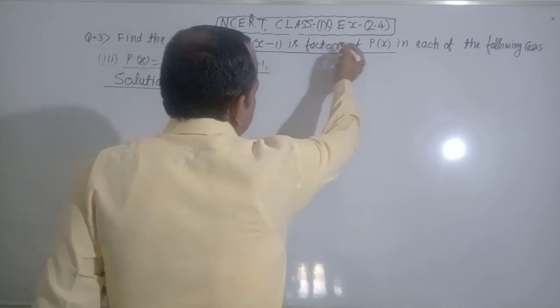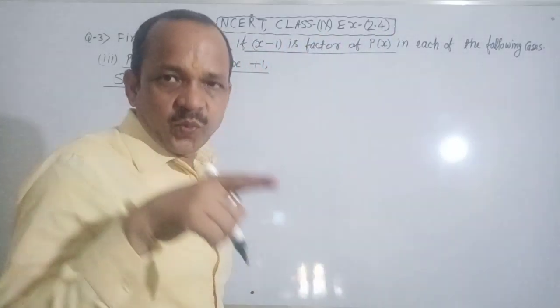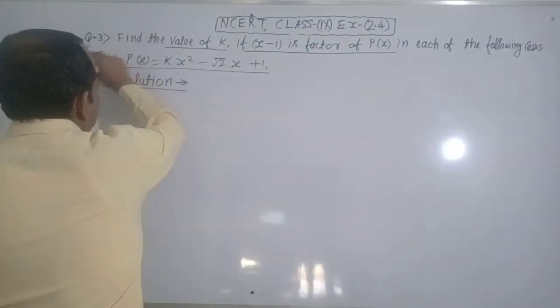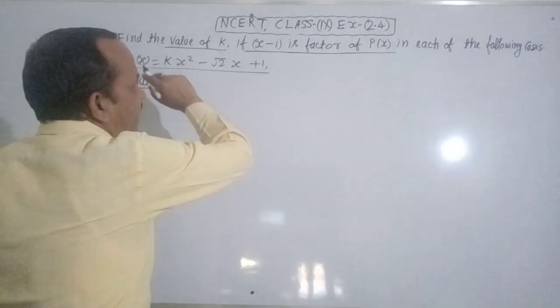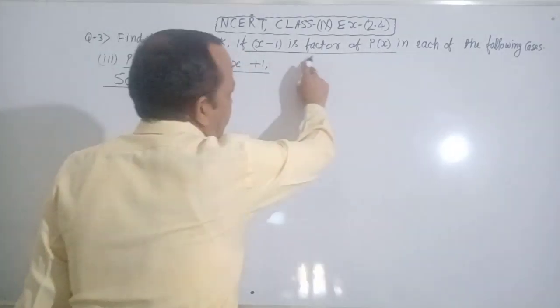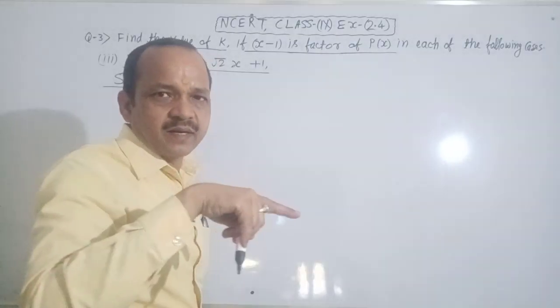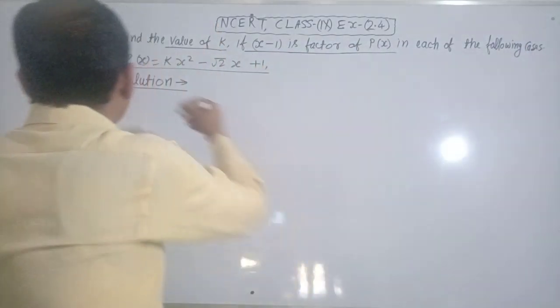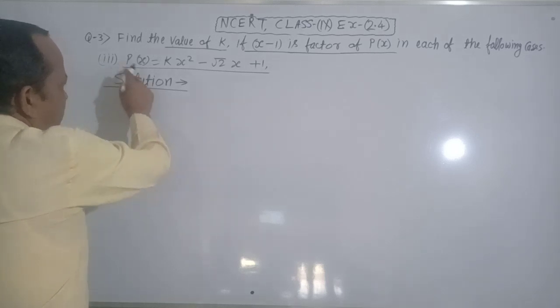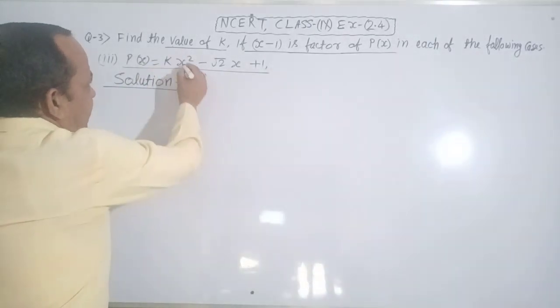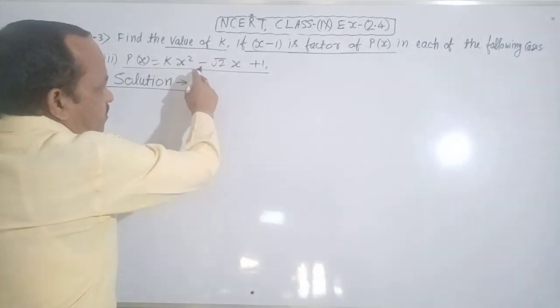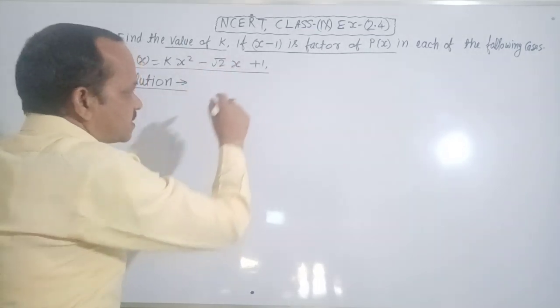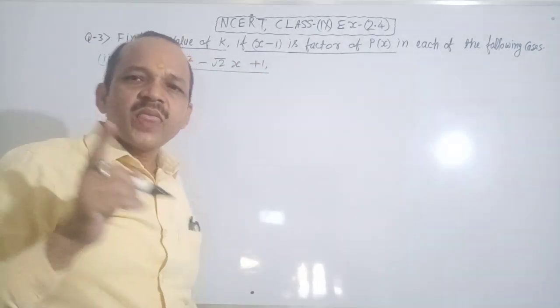See the board. NCERT class 9 exercise 2.4. Question 3. Find the value of k if x minus 1 is a factor of p(x) in each of the following cases. Part 3rd, p(x) equals kx square minus root 2 x plus 1.